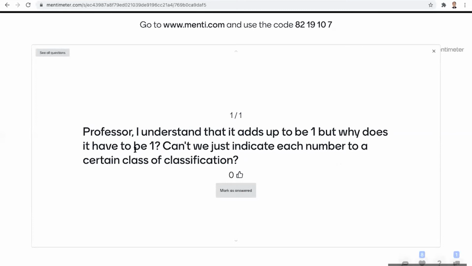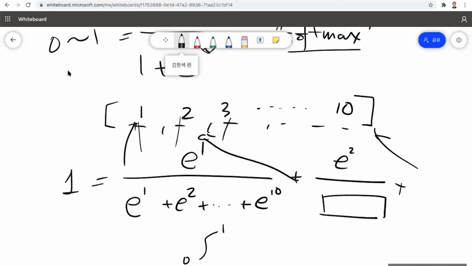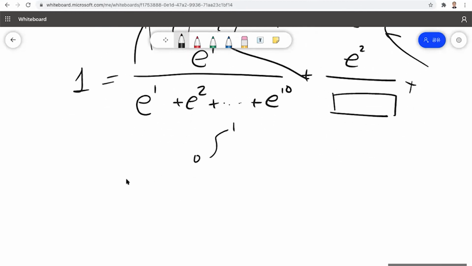But why does it have to be 1? Can you just indicate each number to be a certain class of classification? Yes, you're right. If you don't want a probability, then you can just say that this number is some indication that it belongs to category 0, class 1, and class 2.